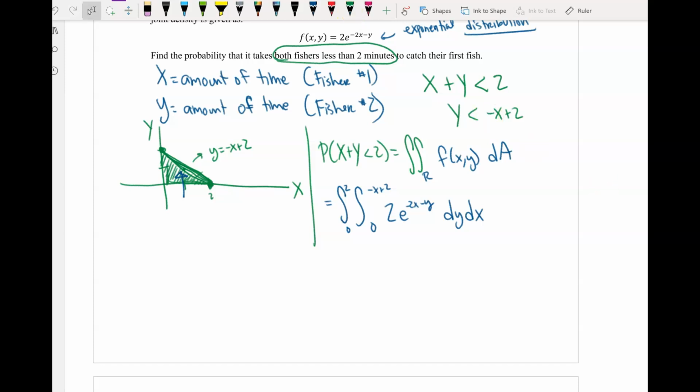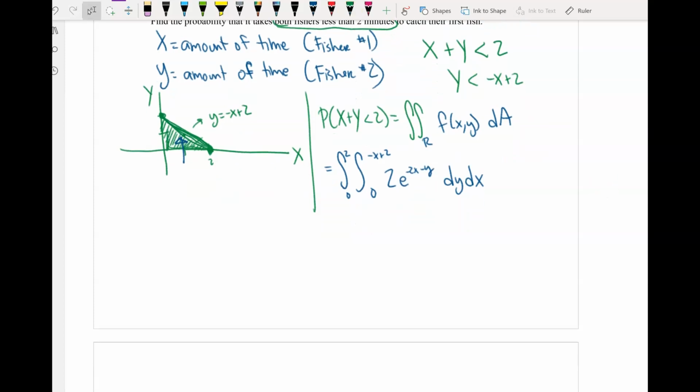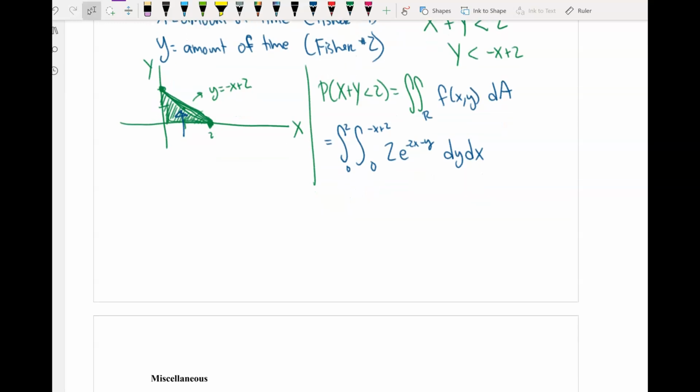One of the things that we can do here is do it this way. We can take u, so we're going to let u be equal to negative 2x minus y. When we take the derivative of this with respect to y, we pretend that negative 2x is a constant, so that's going to go to 0.